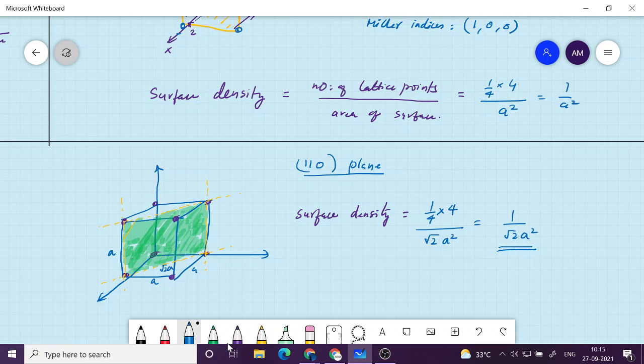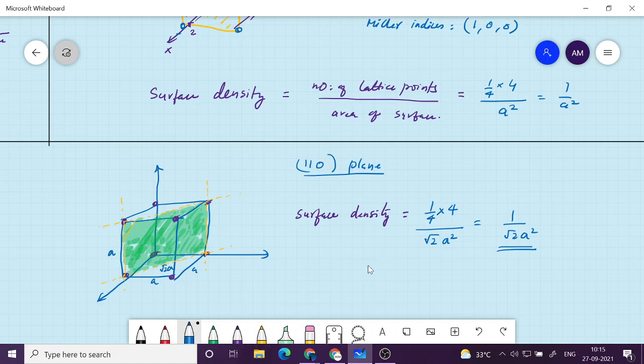Now you can also look at what will be the case with face-centered cube and body-centered cube. If it is a body-centered cube, there will be an atom sitting at the center of this.